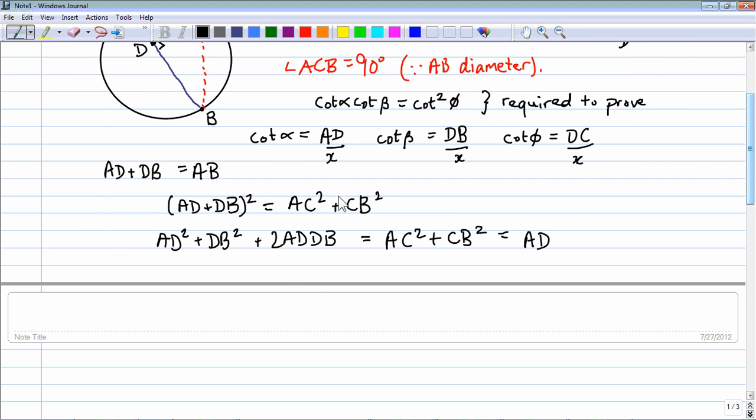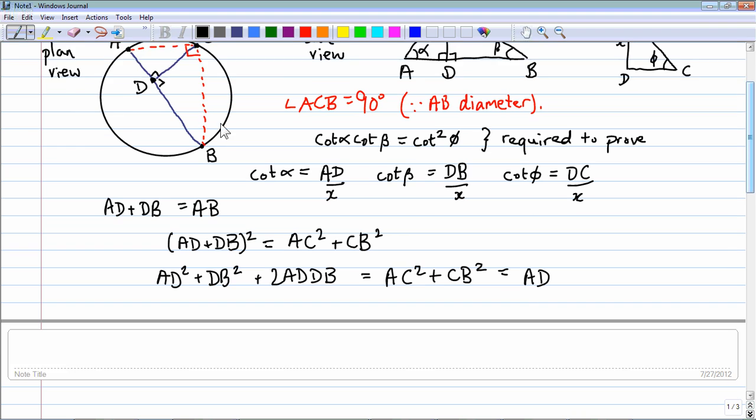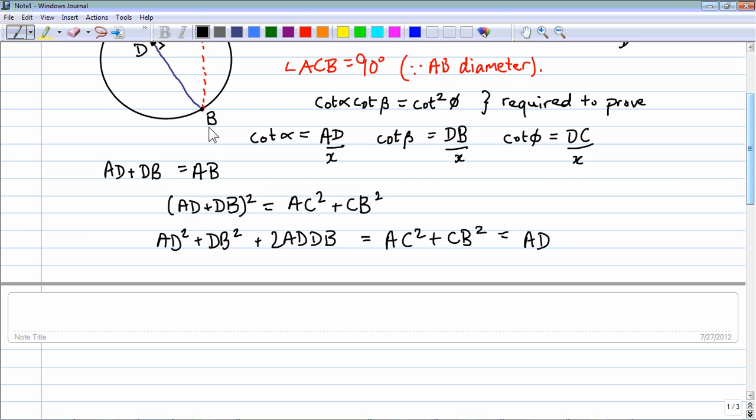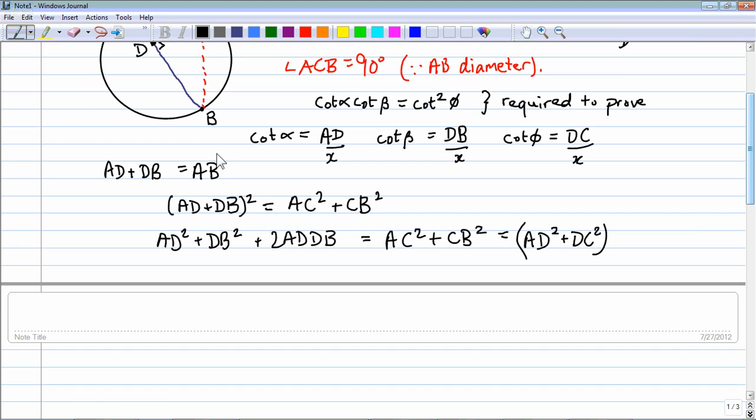So I'm doing AD squared plus CD squared equals AC squared. So that's AC squared, and CB squared is the hypotenuse of this triangle, so that's CD squared plus DB squared.